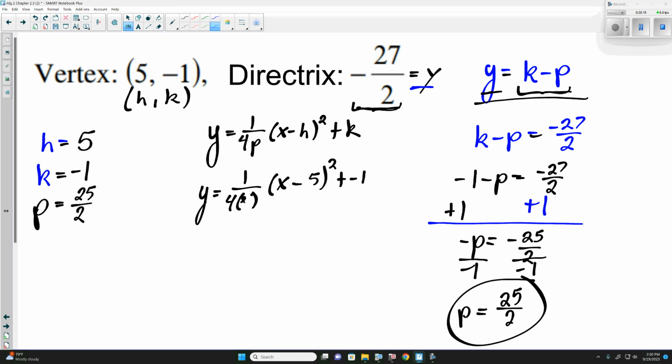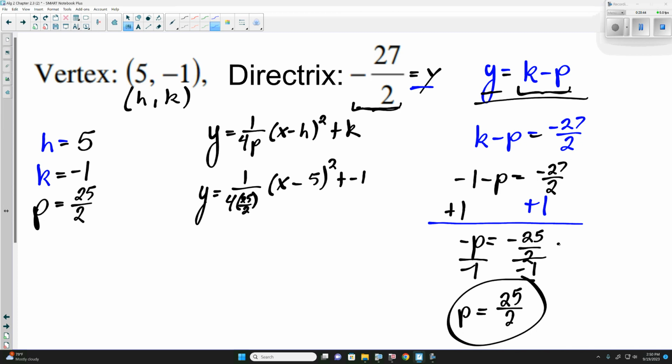So our last part is p, which is 25 over 2. Yeah, we can multiply both sides by -1 because negative p times -1 is positive p. Negative 25 over 2 times -1, the negative and negative makes a positive, and 25 over 2 times 1 is just 25 over 2. Questions on this here?